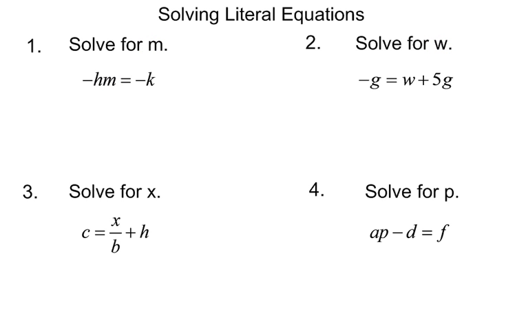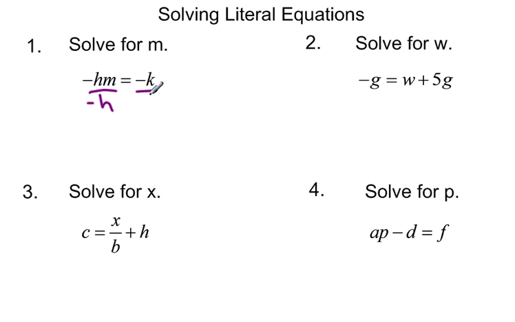Some of the major questions you want to keep in mind are: what do we want to get rid of? By what operation is it attached to the variable we're solving for? And what undoes that operation? Those are three very essential questions. So here, if I'm solving for m, I want to undo the negative h, which is attached to the m by multiplication.